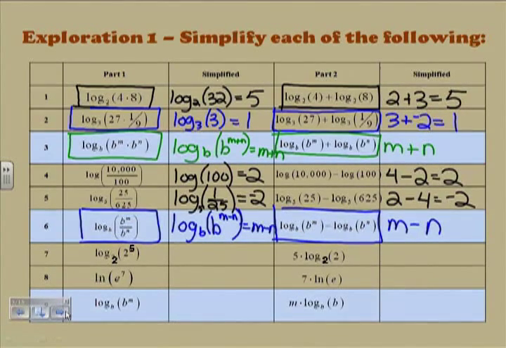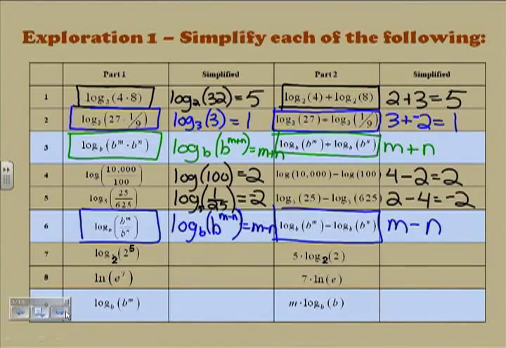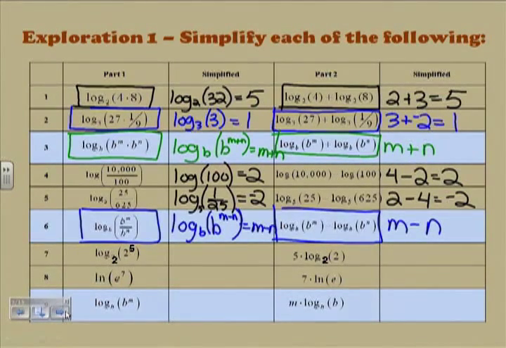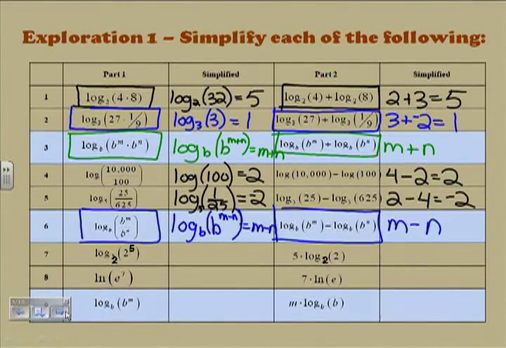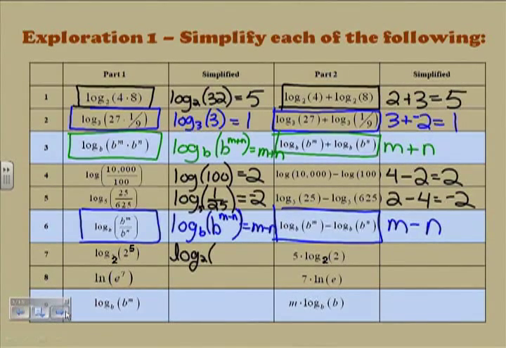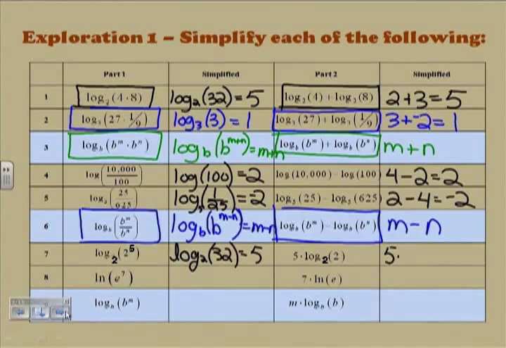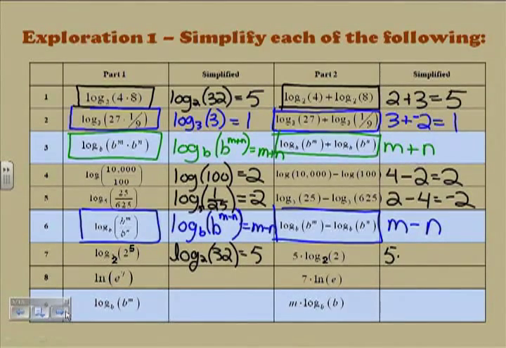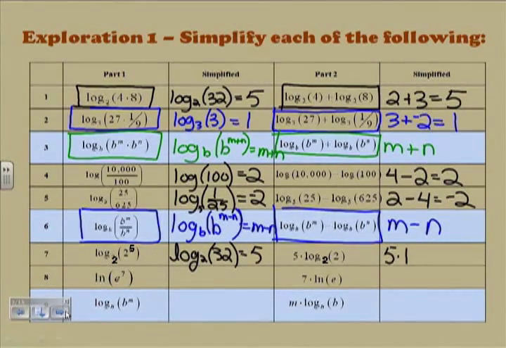Log base 2 of 2 to the 5th. Well, let's see here. What's 2 to the 5th? We had it up there. 2 to the 5th is 32. And let's see here. 2 raised to the 5th. Now here we get 5 times what is log base 2 of 2? 1.